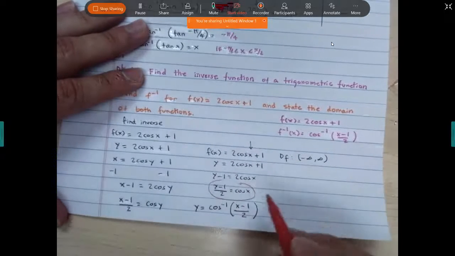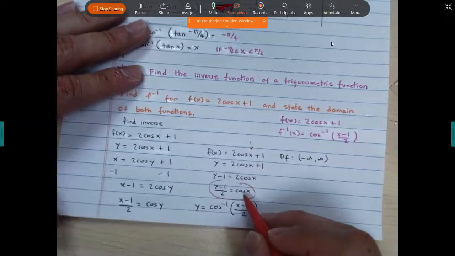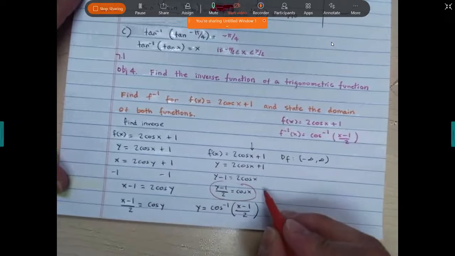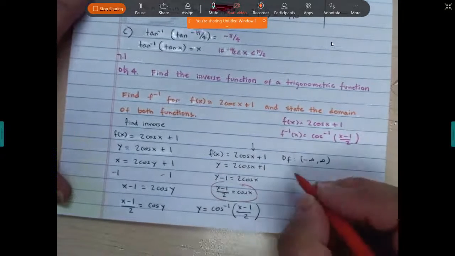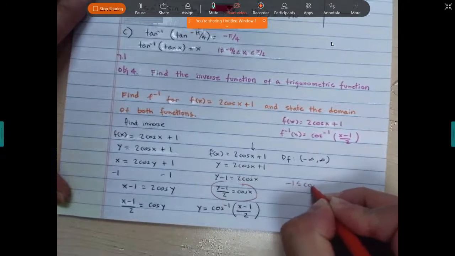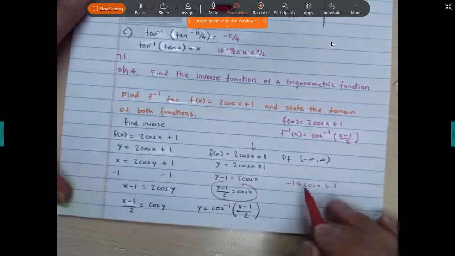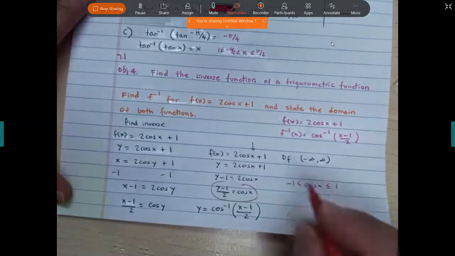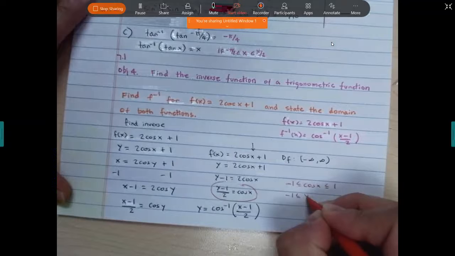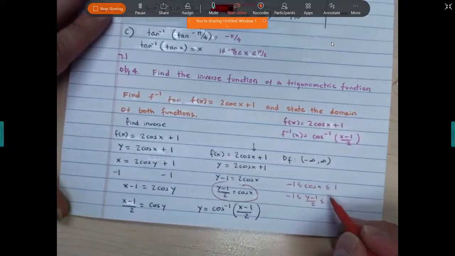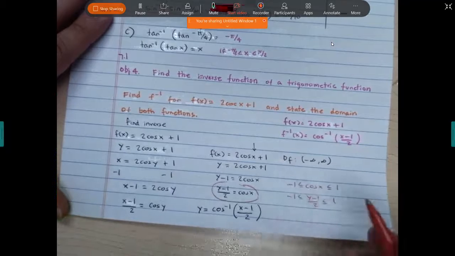Let me see if I can understand this particular part here. We know that the output of a cosine function is between -1 and 1. So we can solve the following inequality. The cosine values are from -1 to 1, and we can solve that inequality, and it will give us the range of f.